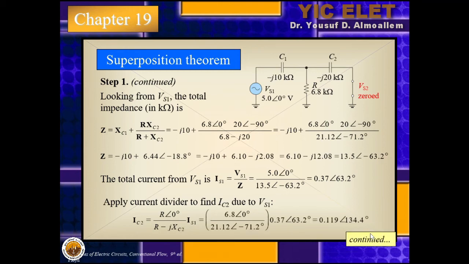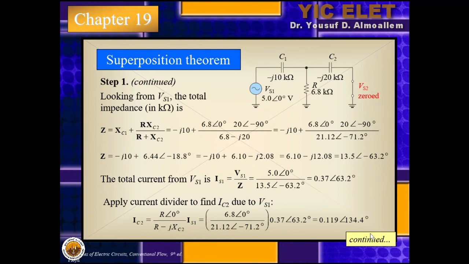Then the point is, we're not needing the total current, because the total current will pass through C1 only, but at this point it will divide, the current will be divided into two branches. So using the current divider rule, I can put the C2 at the bottom and put the total at the top.